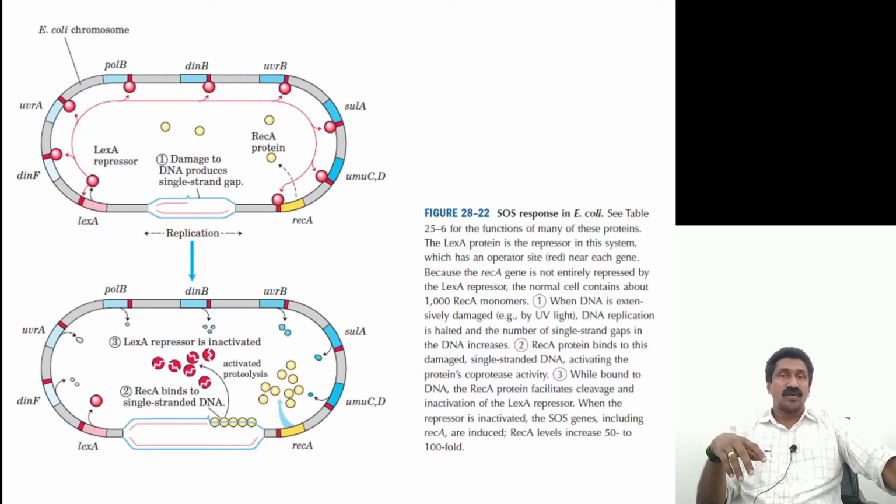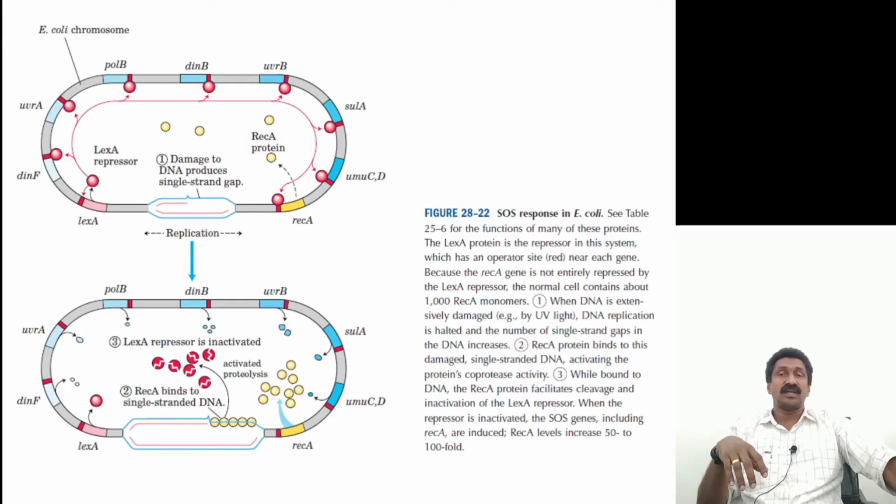And once all the gaps were filled and the repair is made, there will not be binding of the RecA protein at this point, and the cleavage or protease activity will not be available in the system.